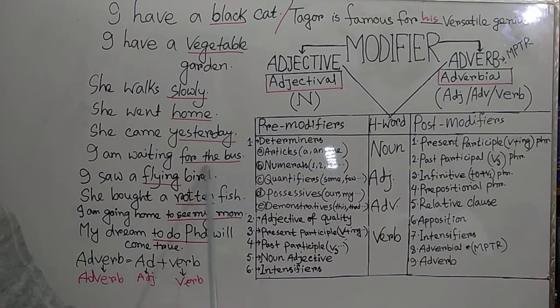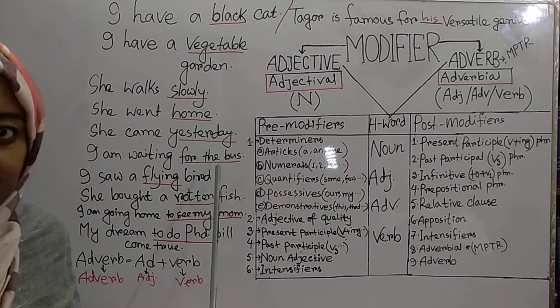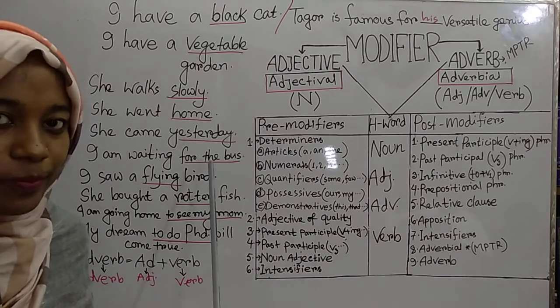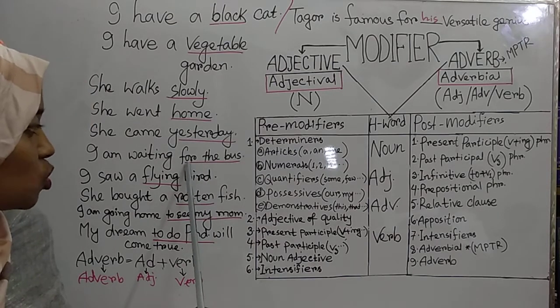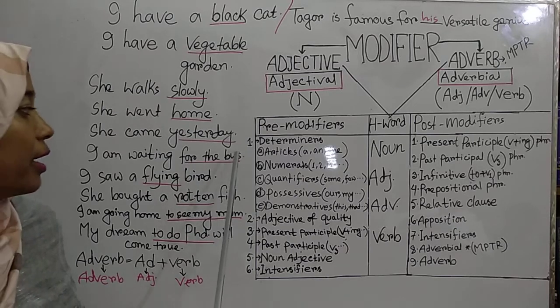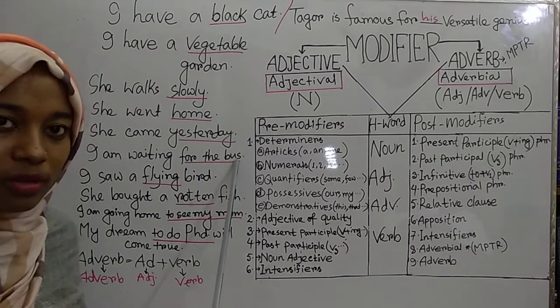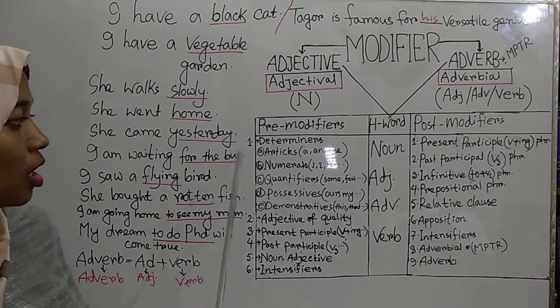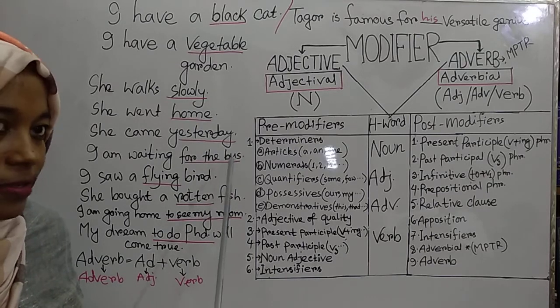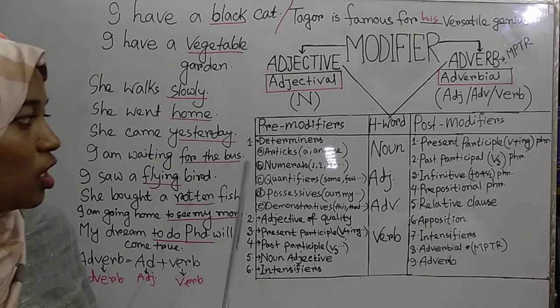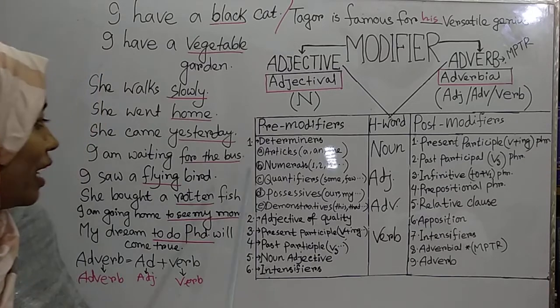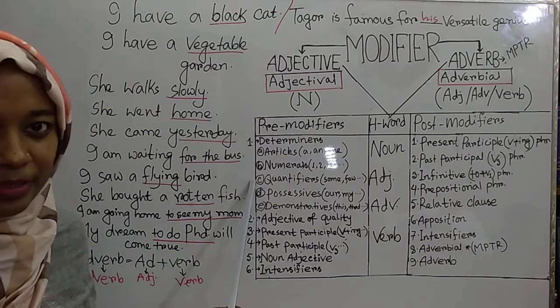Here, for the bus, actually it's a prepositional phrase by its form because it starts with a preposition and ends with a noun, bus. So it's a prepositional phrase, but here it does the function of an adverb. So it is an adverbial here.